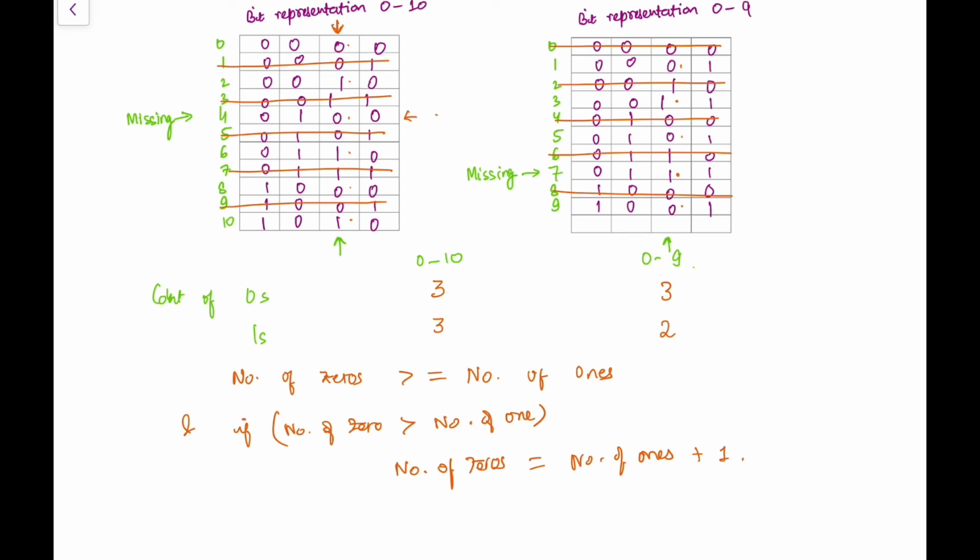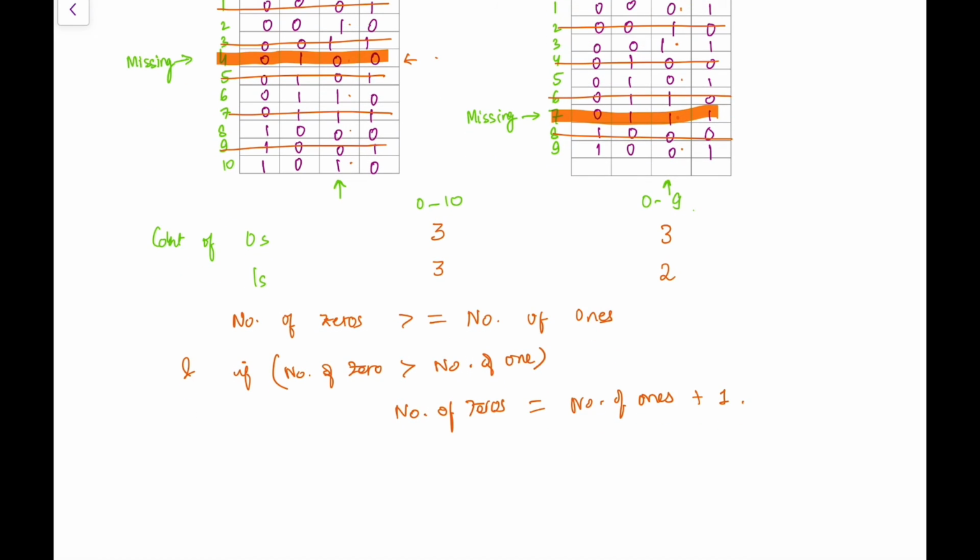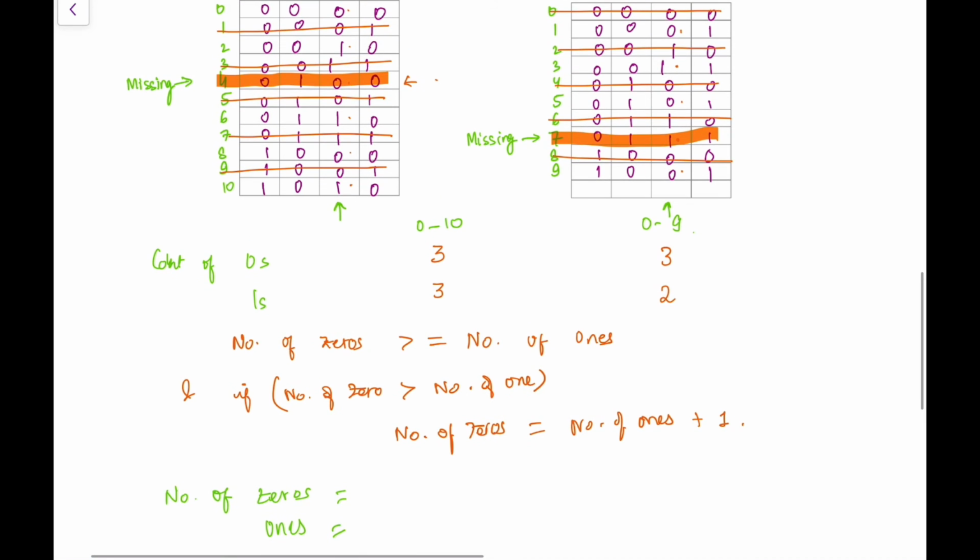We already saw that 4 is missing and here 7 is missing. So if I remove 4 for a while, and here 7 for a while, then what will happen? Let's find out the number of zeros in the first table and number of ones in the first table. I'm not considering 4 here because it is missing.